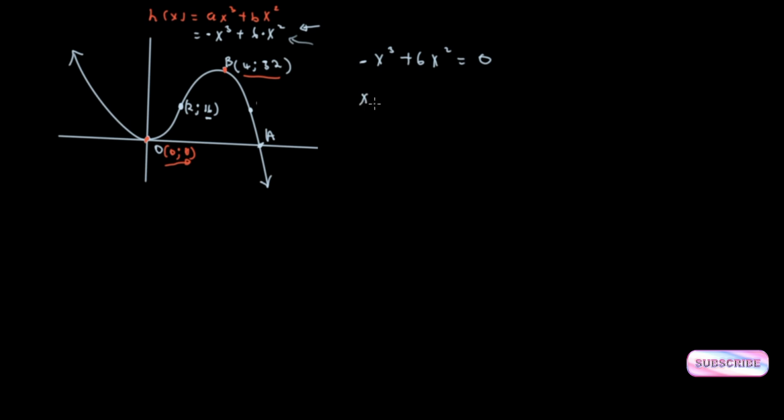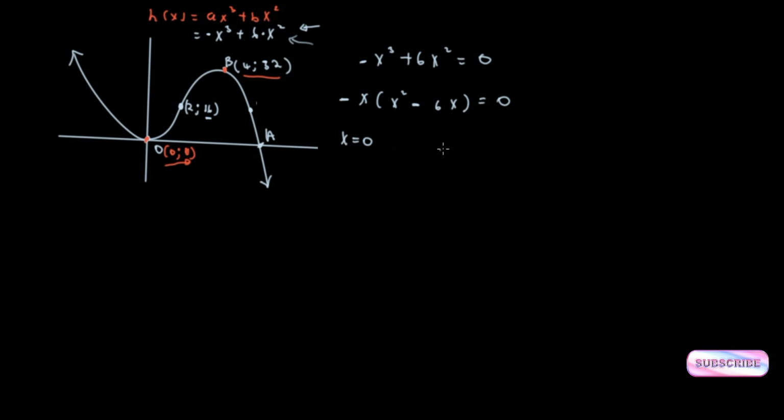Let's factor out -x, and then this is x squared minus 6x equals 0. The first x that we know is 0.